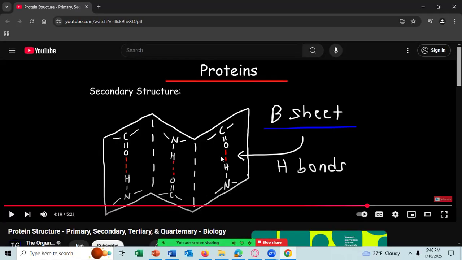All right, let me interrupt here and say that he's only talking about the hydrogen bonds in the secondary structure. Let me say the secondary structure can be stabilized by other bonds like ionic bonds, or formed by repulsion as well as attraction.